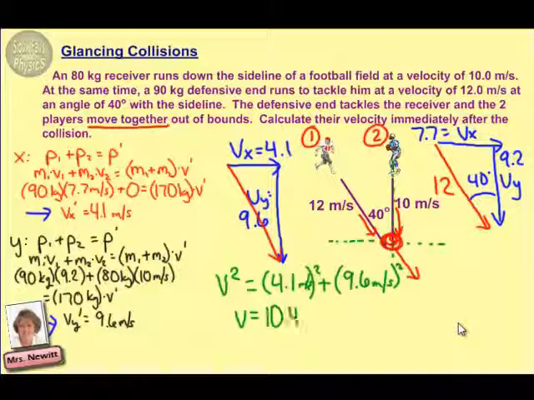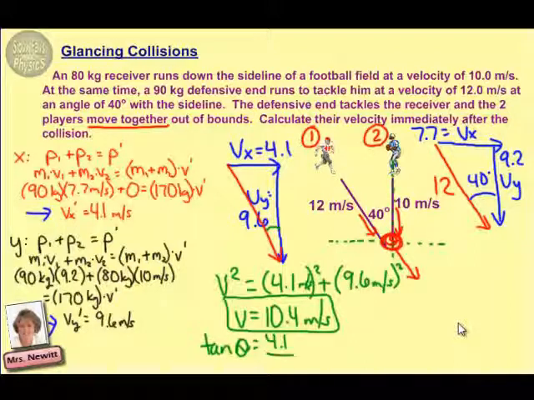Now notice we are not completely finished yet, because a true velocity would include an angle. So we also need to figure out what that angle is, and we can do that by using the tangent. Opposite over adjacent: in this case the opposite is 4.1, the adjacent is 9.6.